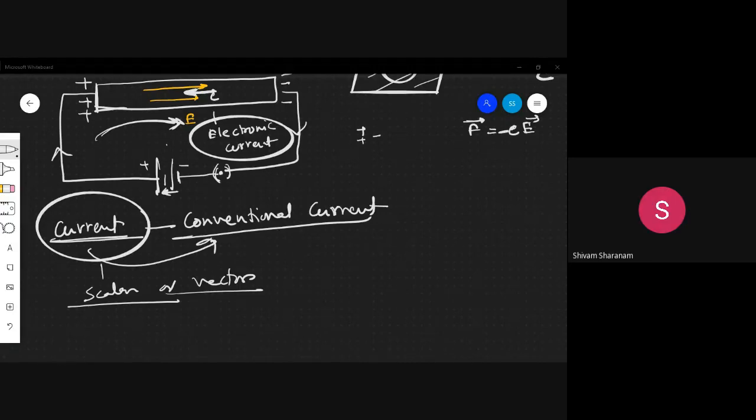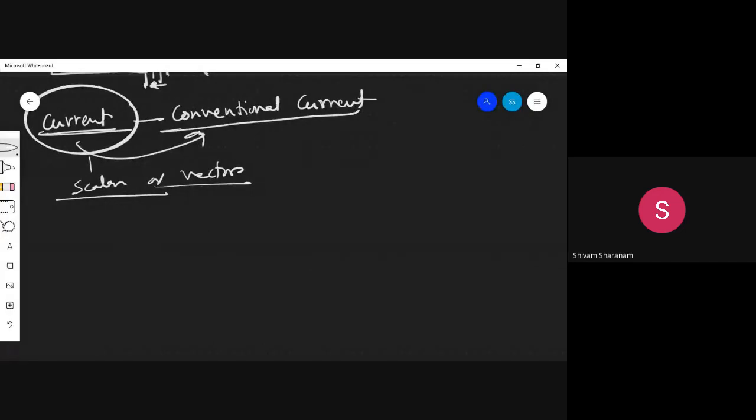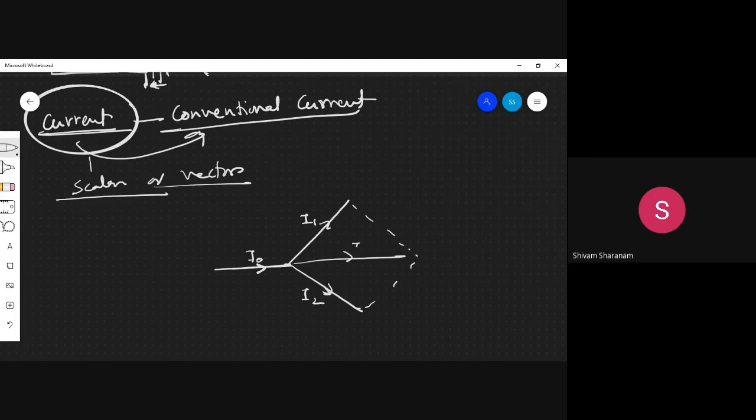Because suppose the vector addition law is what? Suppose you have the current in this direction. So vector addition is suppose this and this, I1 and I2, and this is I0. This is vector addition: when you add these two directions, you will get this direction.